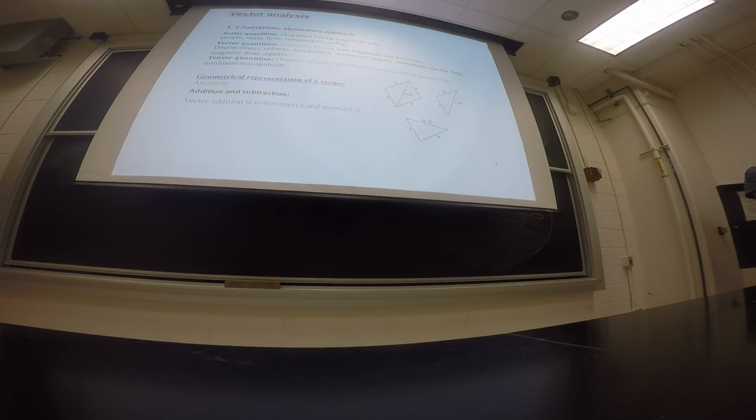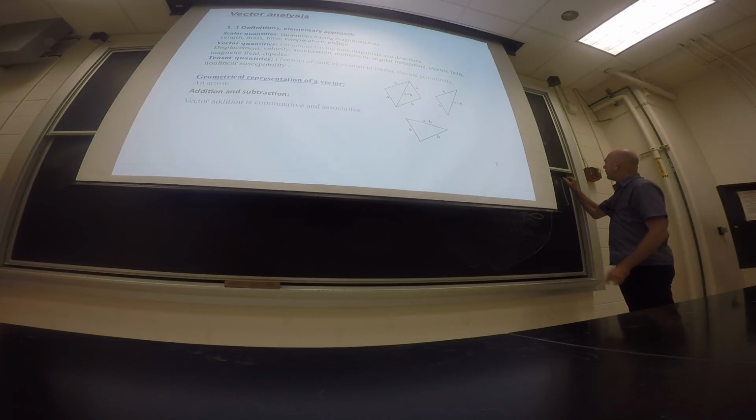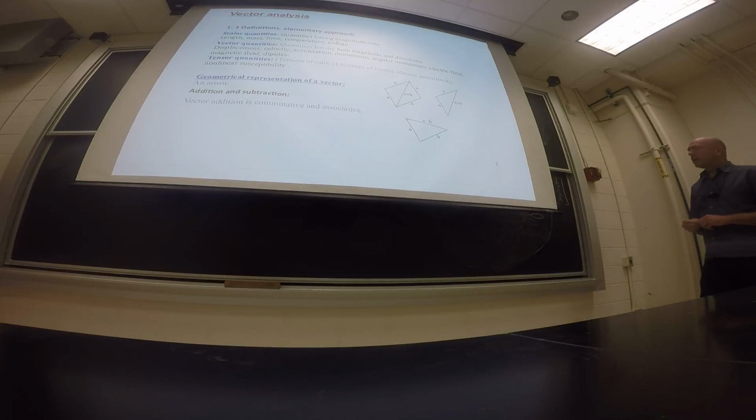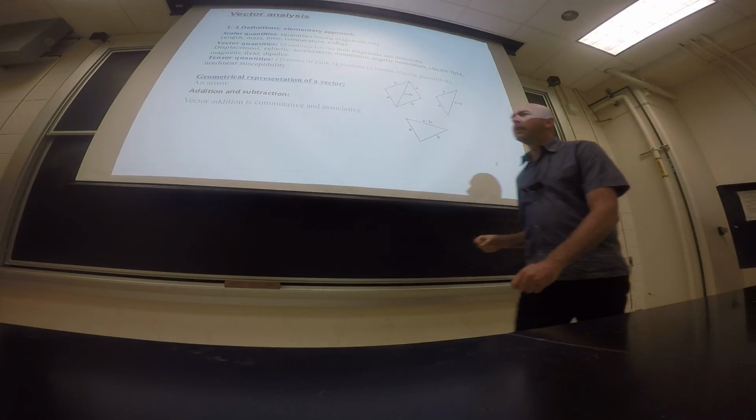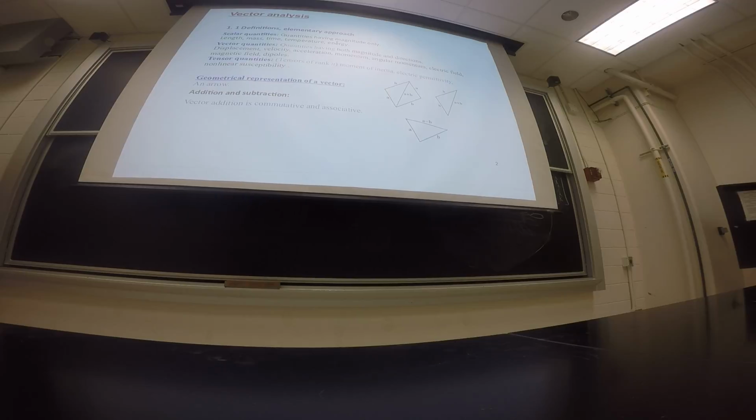Tensor quantities are even more complicated. Rather than looking at a vector with x or i, j, k, we look at a function that has two quantities. For example, let's say that we have a square here.